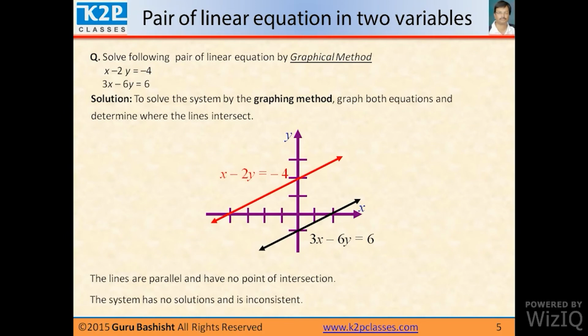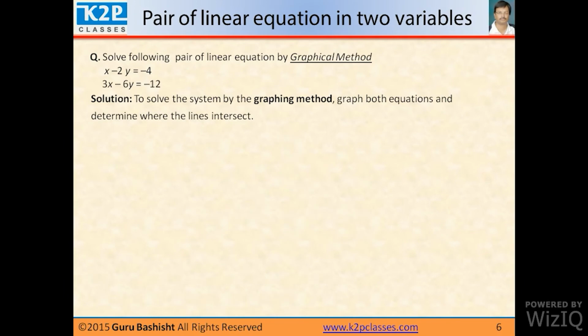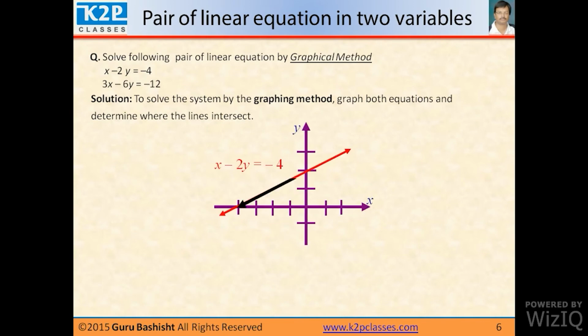Let us see another example. x minus 2y equal to minus 4 and 3x minus 6y equal to minus 12. We see both equations represent the same line. That means there are not really two equations. The same equation has been written in two different forms. The first is x minus 2y equal to minus 4.